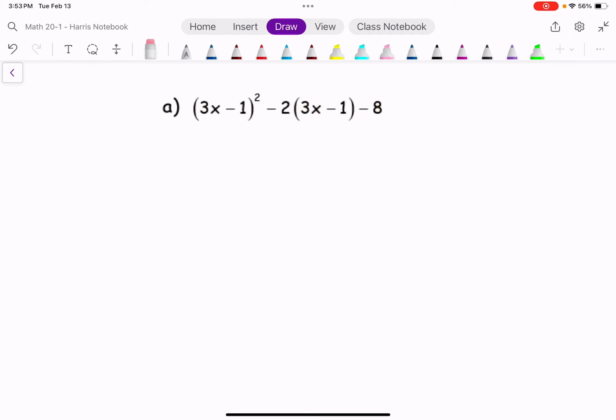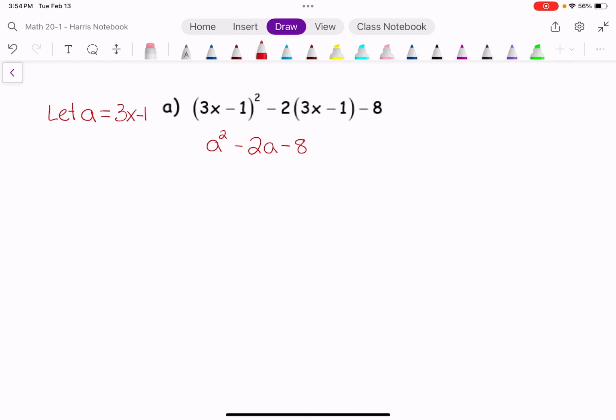In the first two terms I have a common 3x - 1, so I'm going to say let A equal 3x - 1. Now I'm going to rewrite this equation. Everywhere I see 3x - 1, I'm going to replace it with A. So here I have A squared minus 2A minus 8.